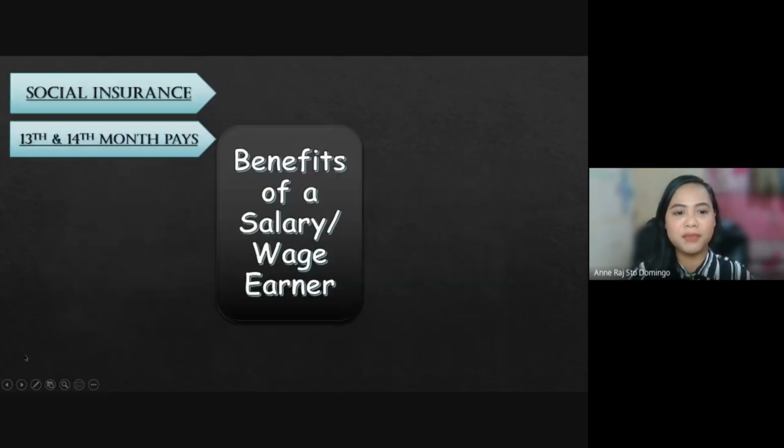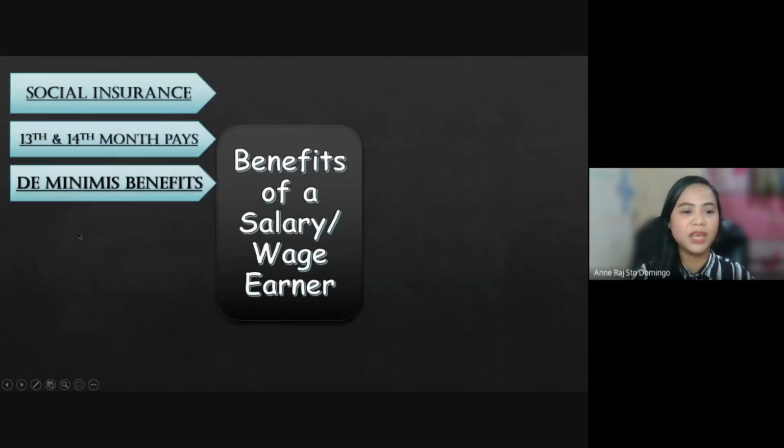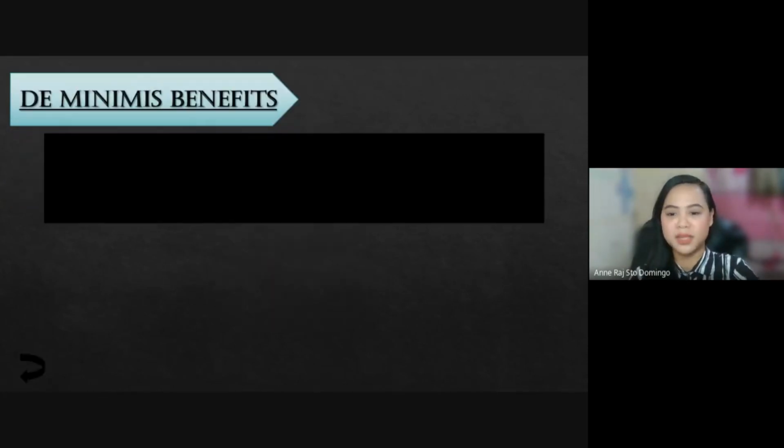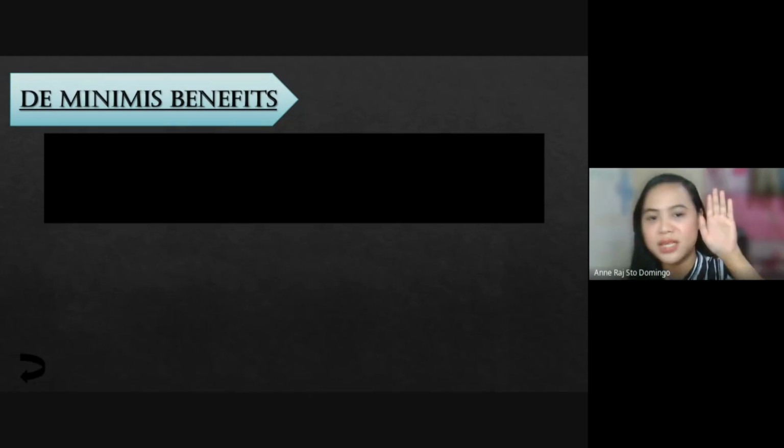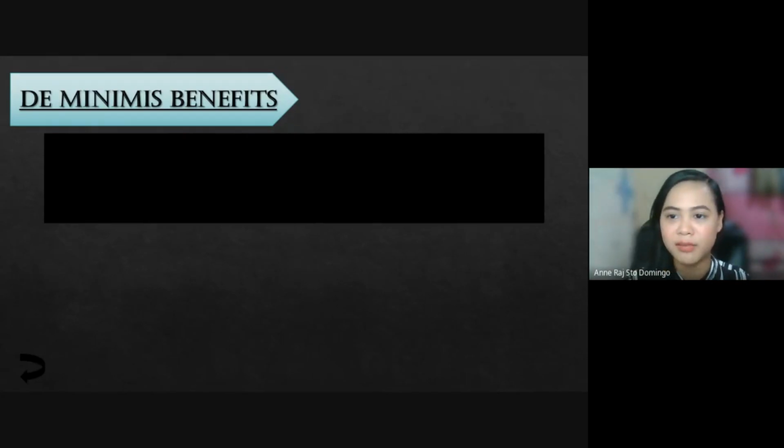Then, next benefits we have the, what we call, de minimis benefits. So, ano kaya tong de minimis benefits? Anyone who is familiar with the term de minimis? Anyone who can share?